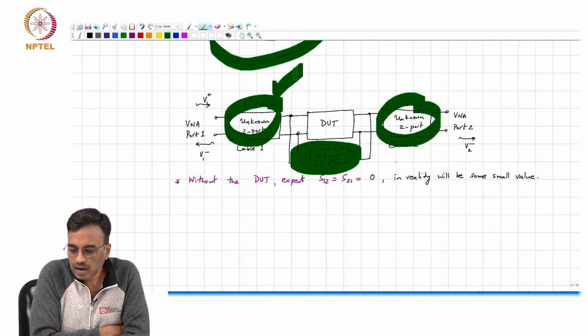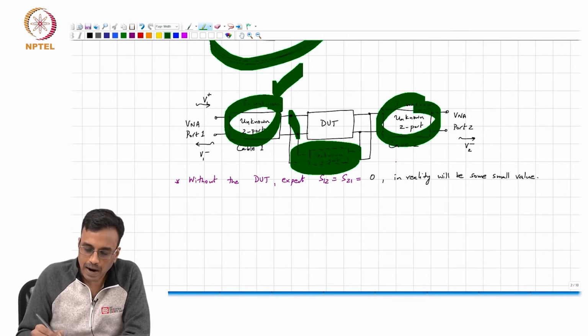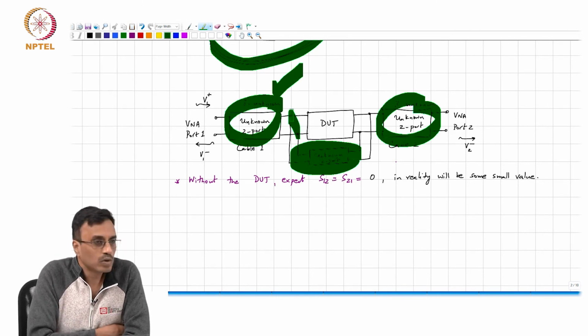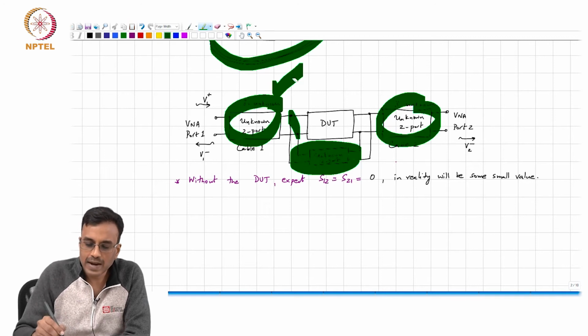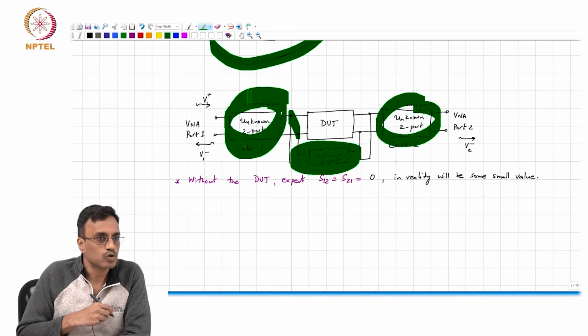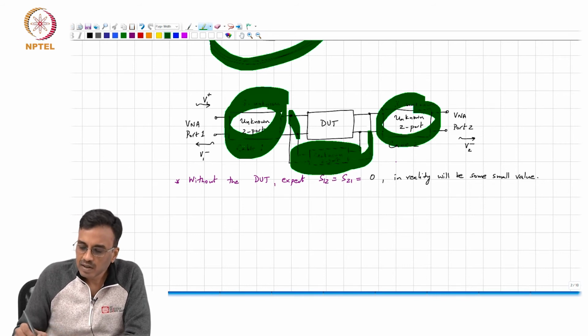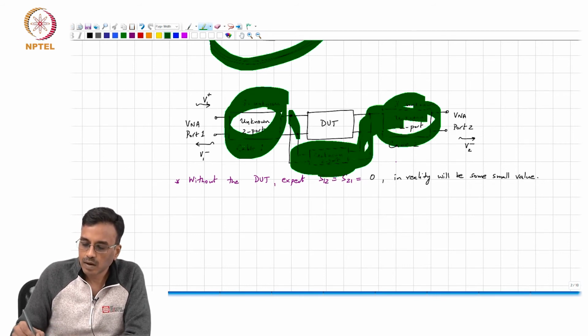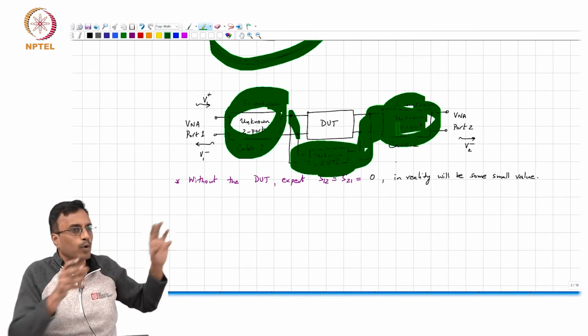But remember that if you terminate this port with open, short, through and 50 ohms, you are not only getting information with regard to this 2-port, but also through this path, because port 1 and port 2 are talking to each other.